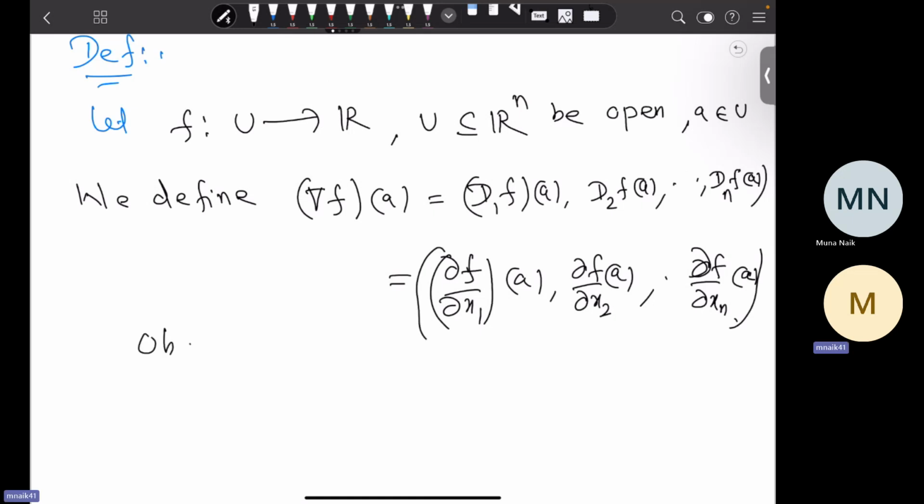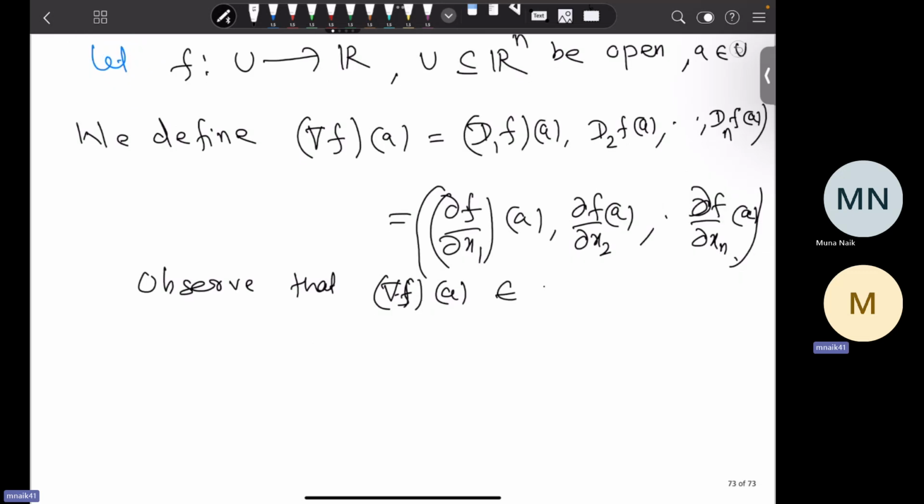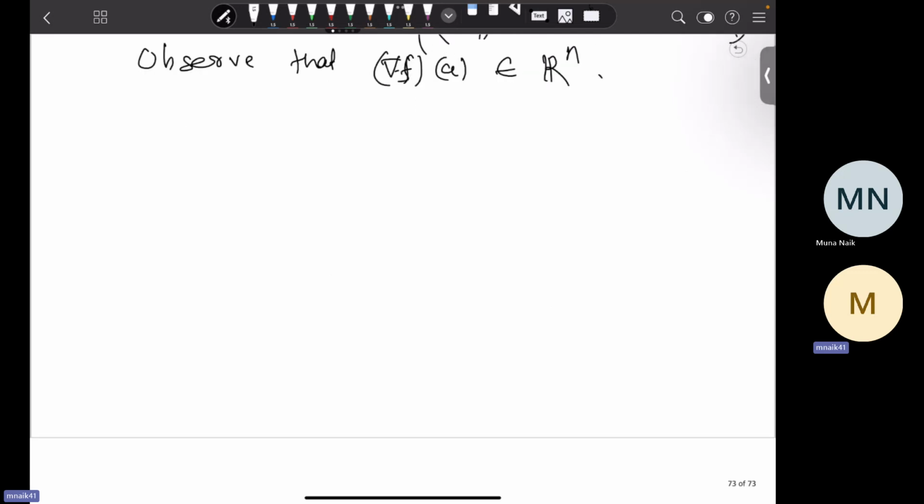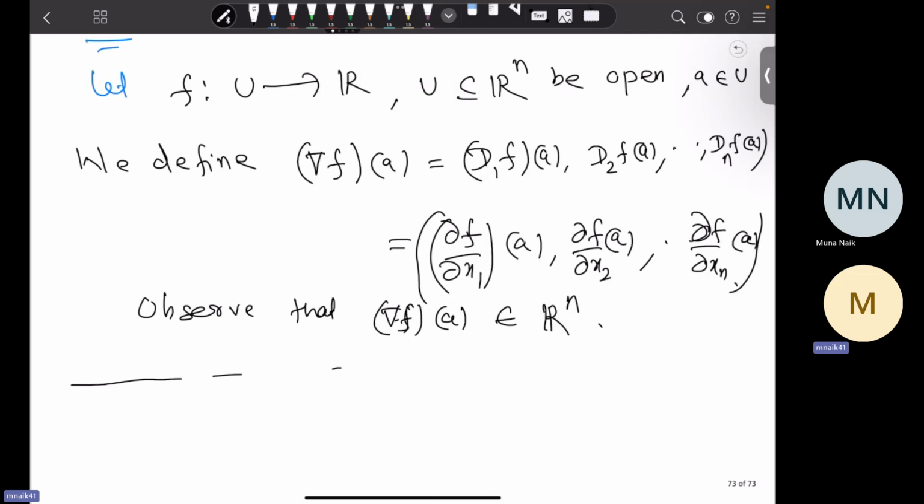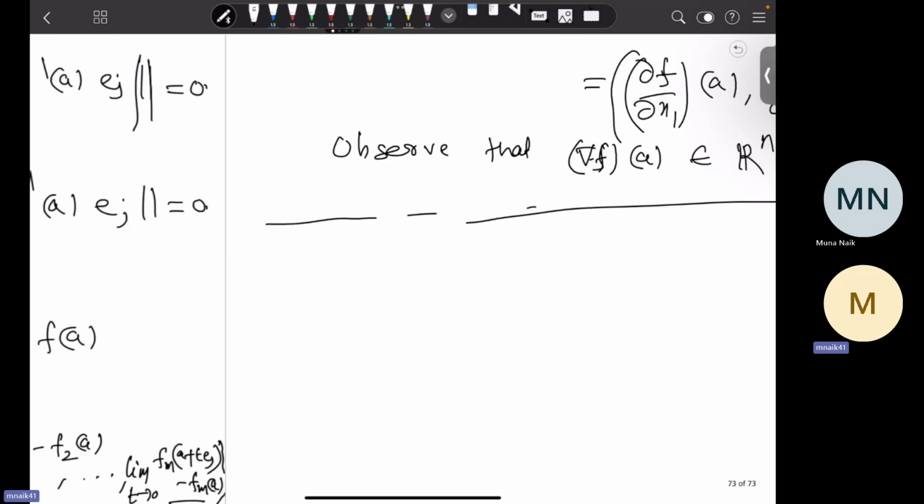Observe that this grad of f at a is an element of Rn. So this ends here, and we will see the importance of this definition later.